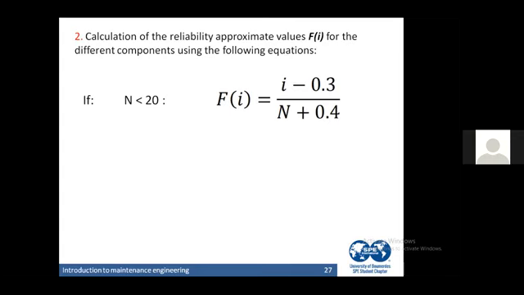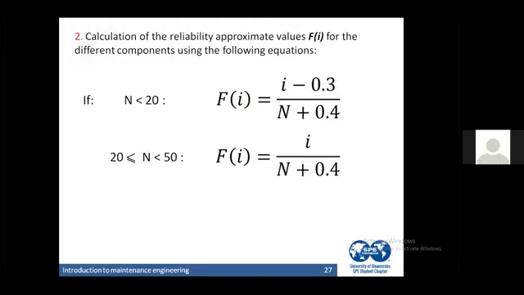In our case, it is 6. And if we have the number of samples varying from 20 to 50, we just use this law. And if we have the number of equipment higher or equal to 50, we will use this law. Now, in our case, we have 6 equipments. That means we will use the first law to calculate the Fi.